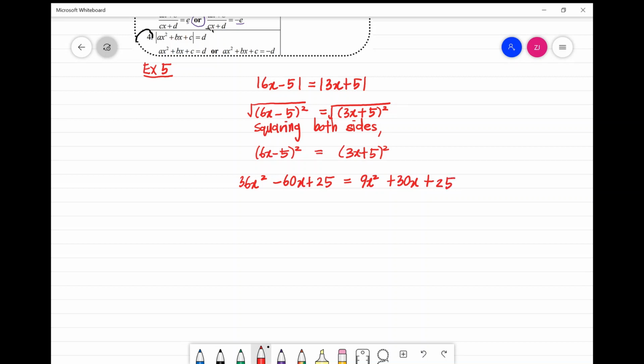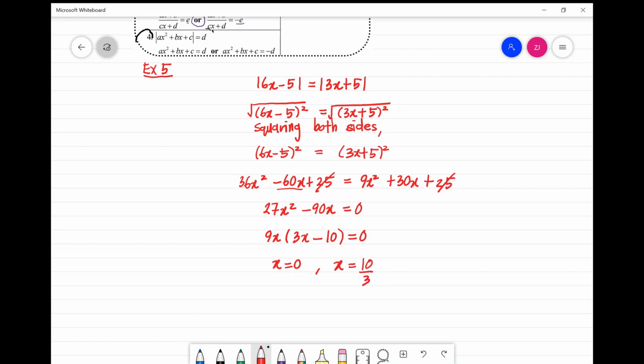We bring everything to one side, so we have 27x squared, and then minus 60 minus 30 gives us negative 90x, and the 25 can be cancelled out. So we factorize: we will have 9x here, and we will have 3x minus 10. So we have x equals 0 and x equals 10 over 3.